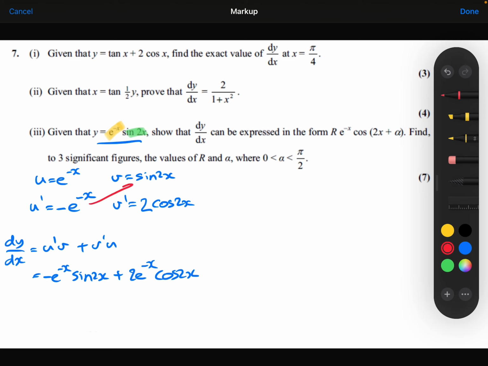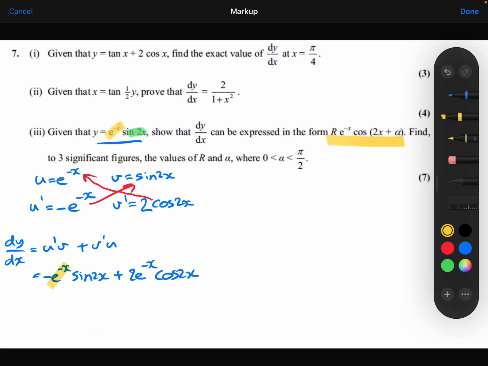So the u dash times v is that. The v dash times u is that. Right, so I've finished the differentiation and got this now. I now just need to try and rearrange that and make it look like this.